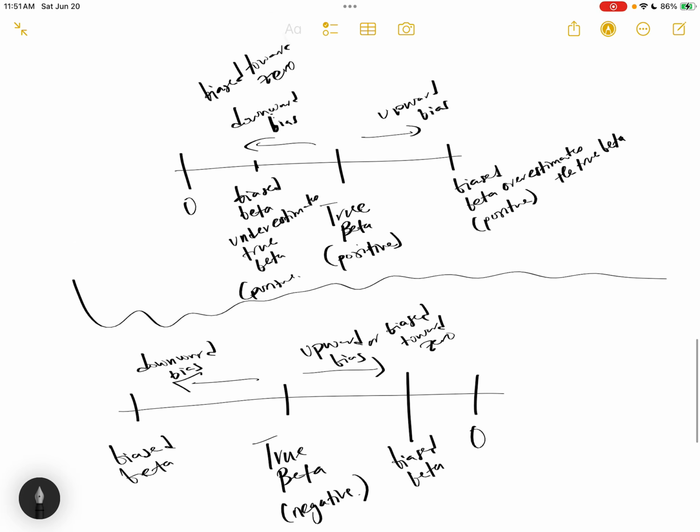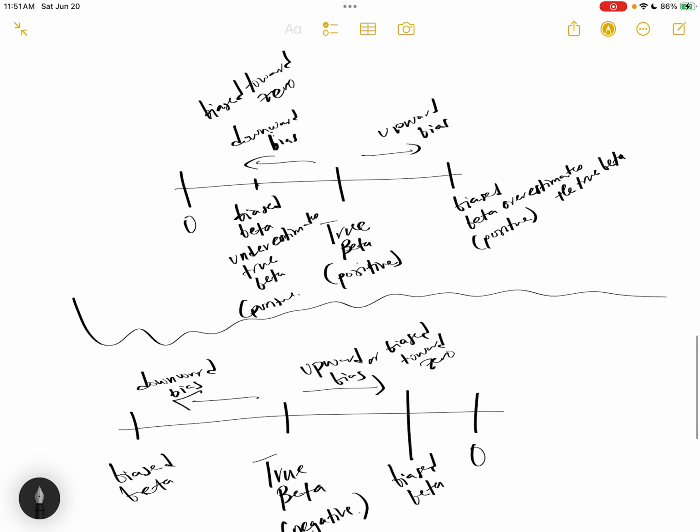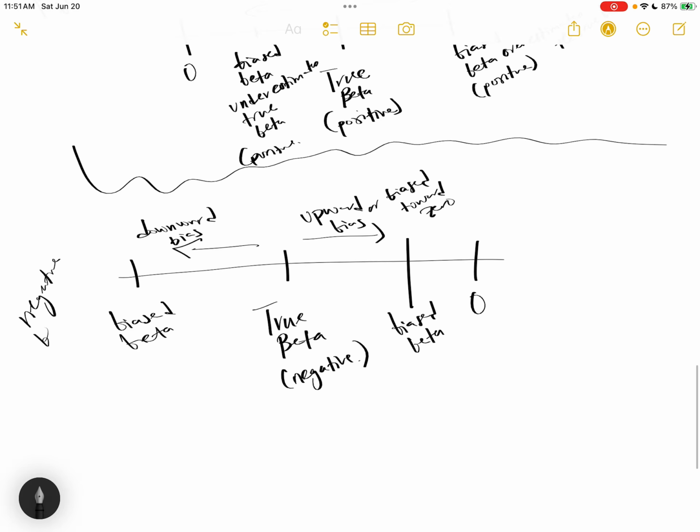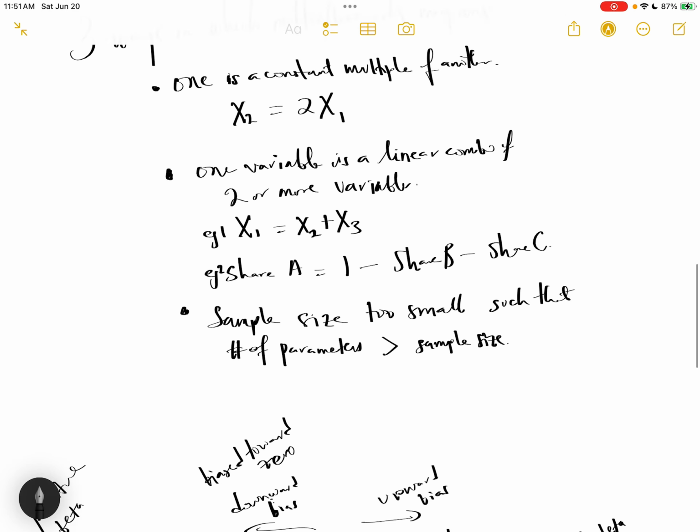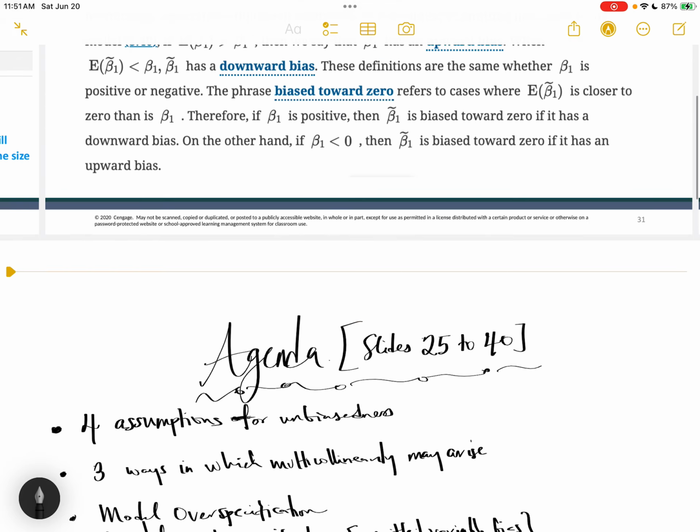Okay, so this is how to think that through. So where you have positive values, positive beta, and here we had a negative beta.